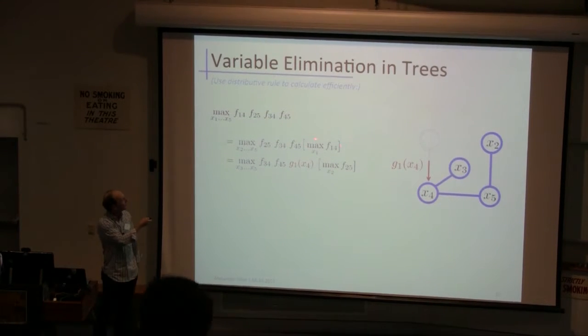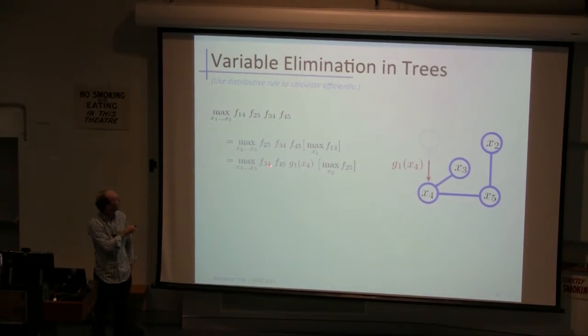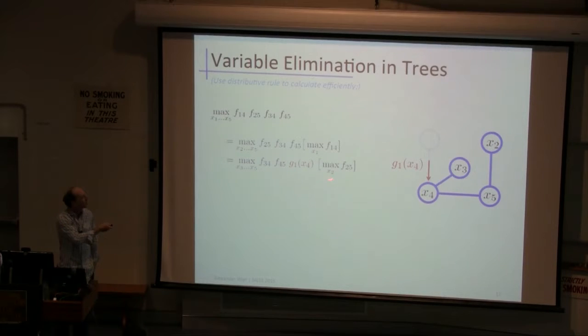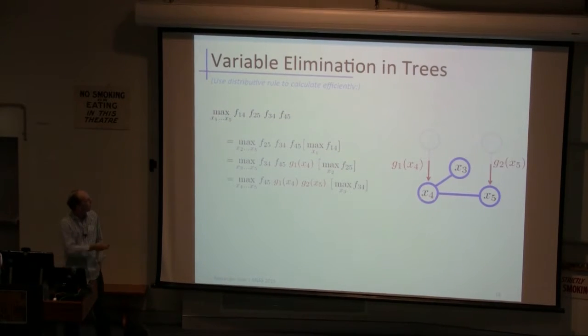So having eliminated x1, we now get a new system that's over a smaller number of variables. We can choose another variable to eliminate, like x2. Again, selecting a leaf, we collect together all the factors that involve x2, eliminate that, and get a new factor over only x5.